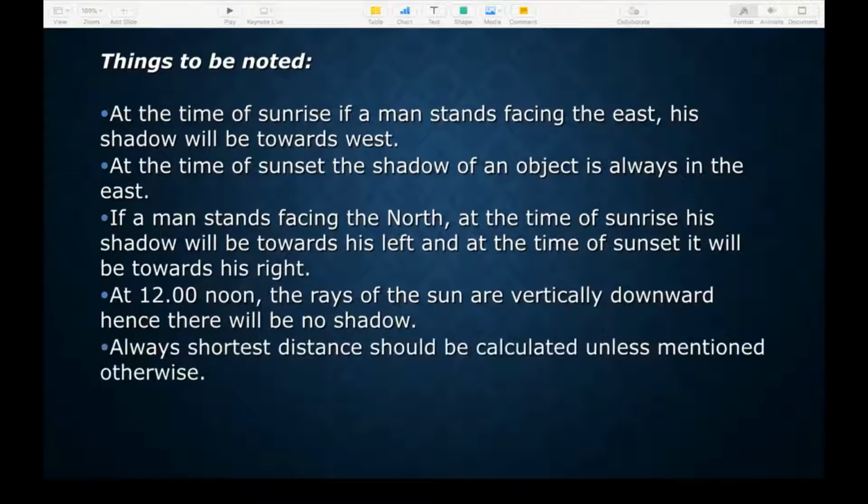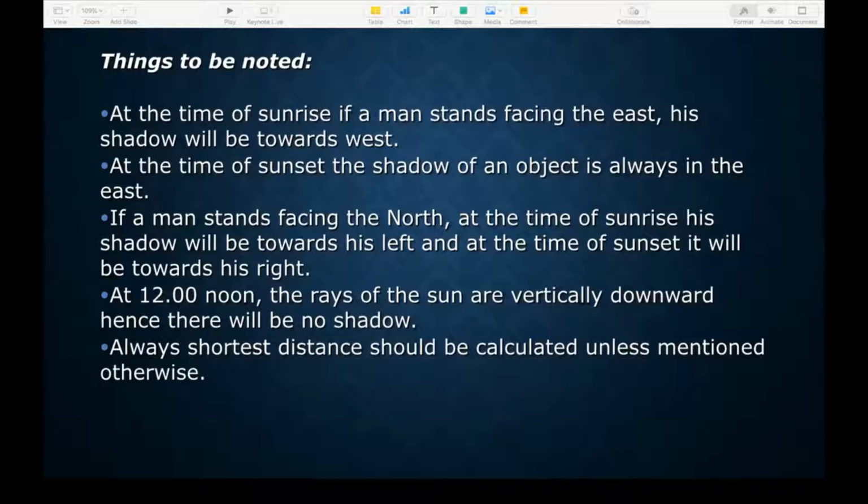If they are asking you to find out the total distance, or the distance traveled by the person, always the shortest distance should be calculated unless mentioned otherwise. If the question is asking you something extra, then it's a completely different scenario. But when they are asking only the distance, you need to go for the shortest distance.